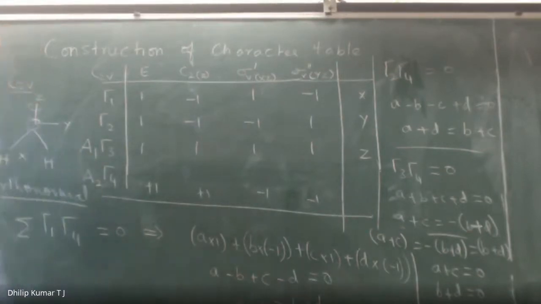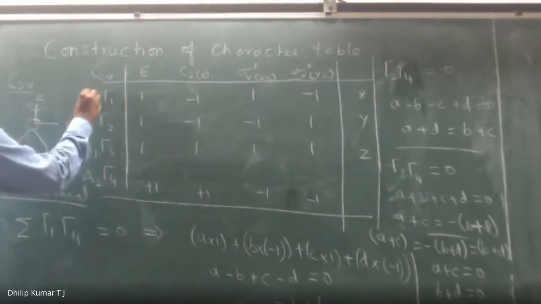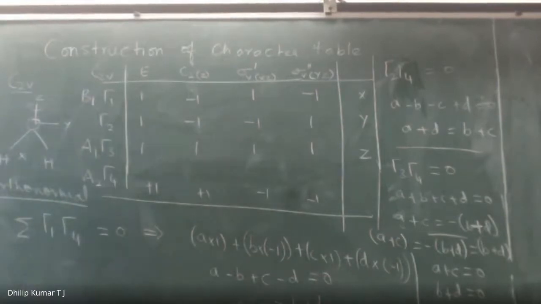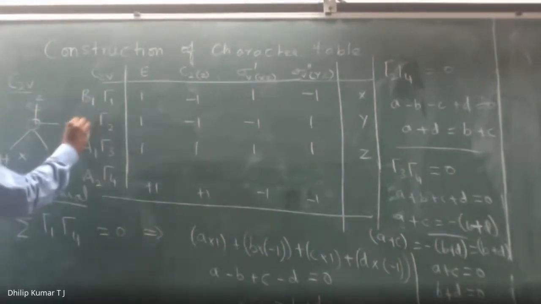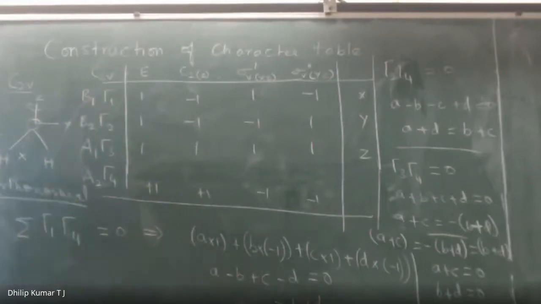Then we have 1, -1, 1, -1, so this is B1, and then 1, -1, -1, 1 is the last one, B2. So like this, it has been constructed. All character tables generally use this property, the orthonormality.